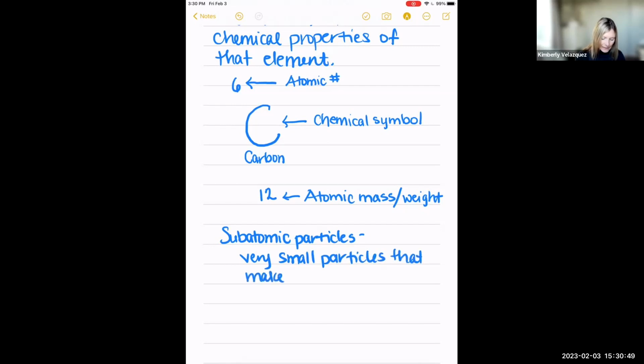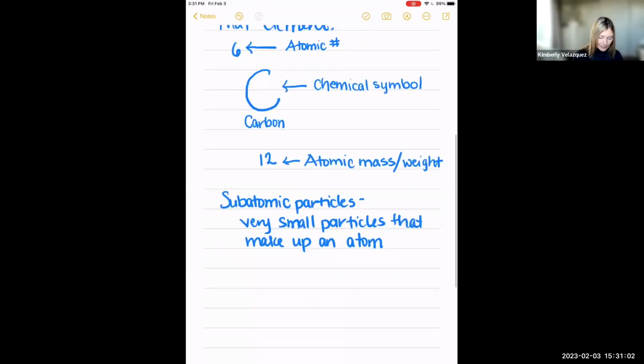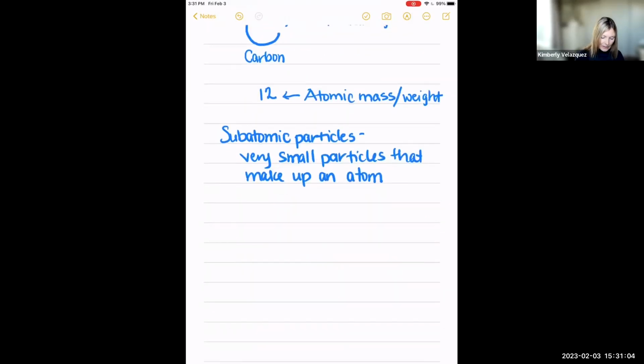And in this class, we're going to talk about 3 different types of subatomic particles that all atoms have. There are more than 3, but in this class, we're just talking about 3. And those 3 are protons, neutrons, and electrons.